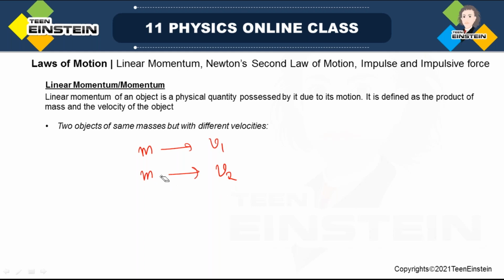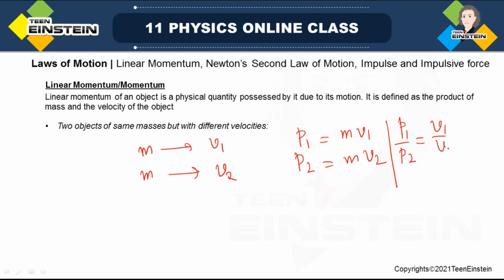Now p1 is equal to mv1 and p2 is equal to mv2. If you take the ratio p1 by p2, then you get v1 by v2. So what does this mean? This is a proportionality relationship.